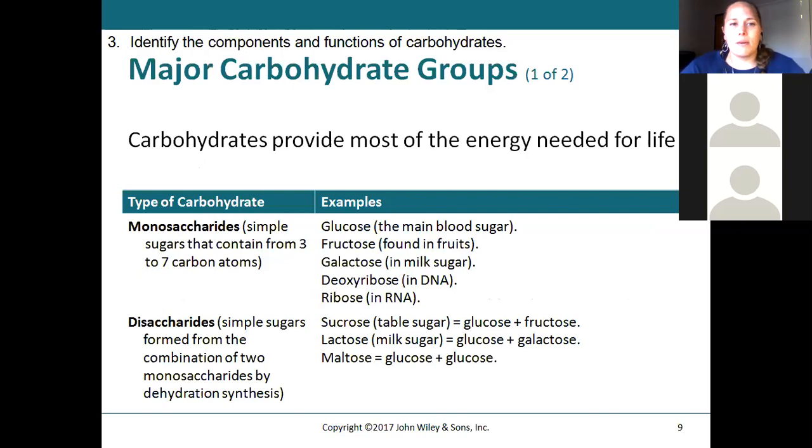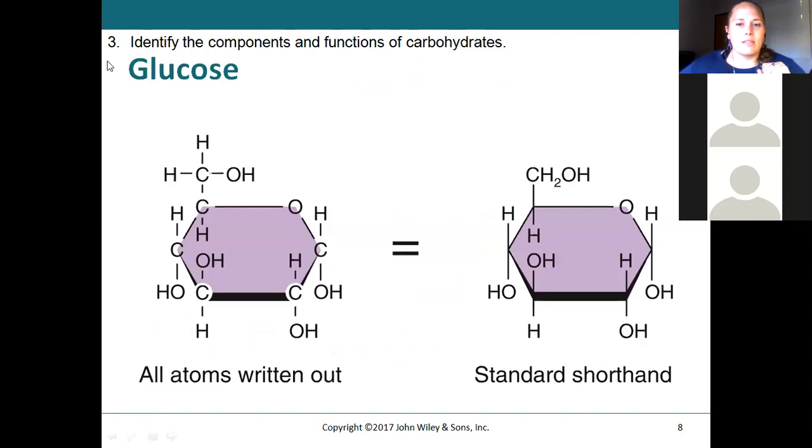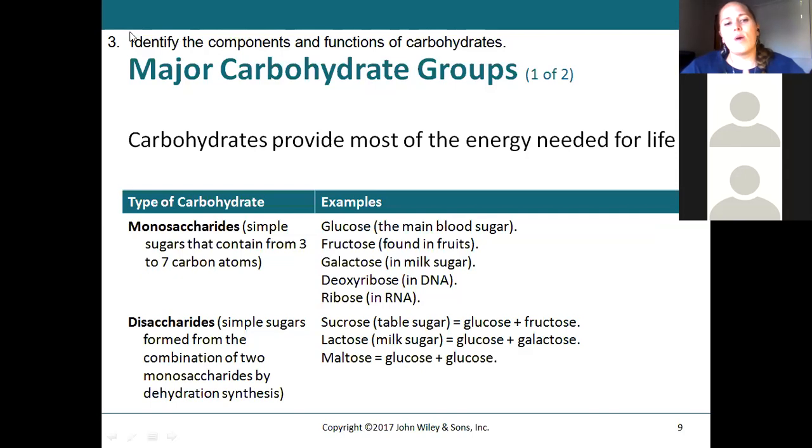So the major carbohydrate groups: you have monosaccharides here. Monosaccharides are a single ring structure. So glucose, fructose, galactose, deoxyribose, and ribose are all considered monosaccharides because they do just have that single ring structure. Mono meaning one. And then you also have instances where we consume disaccharides, which are two ring structures, where two monosaccharides end up getting joined together to form this two ring structure.